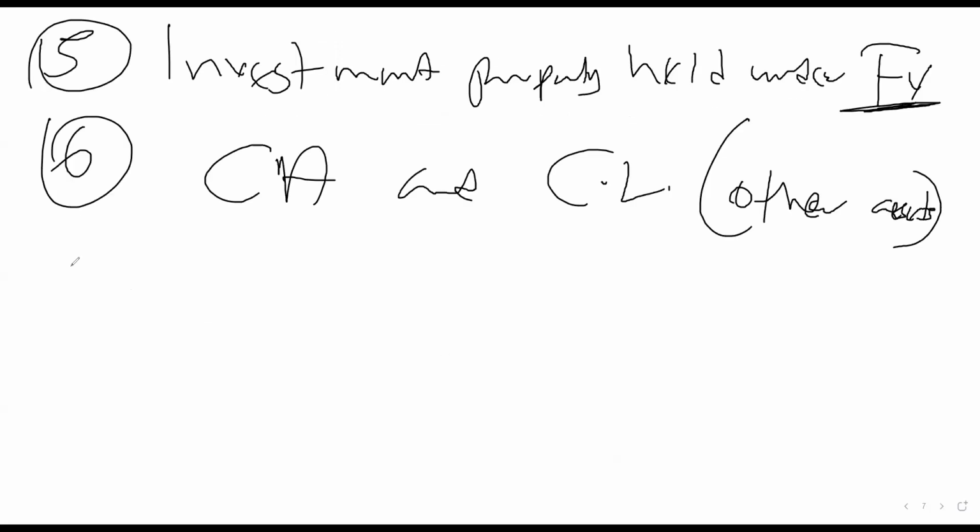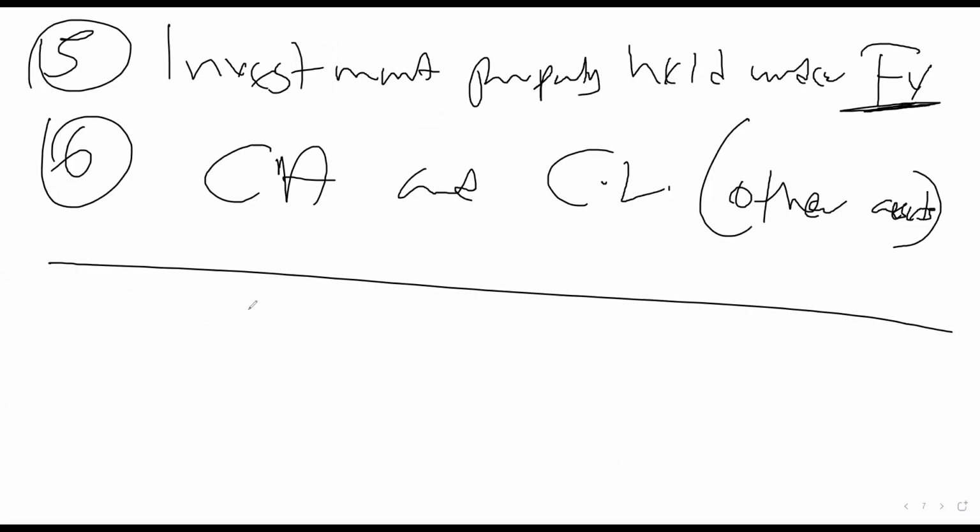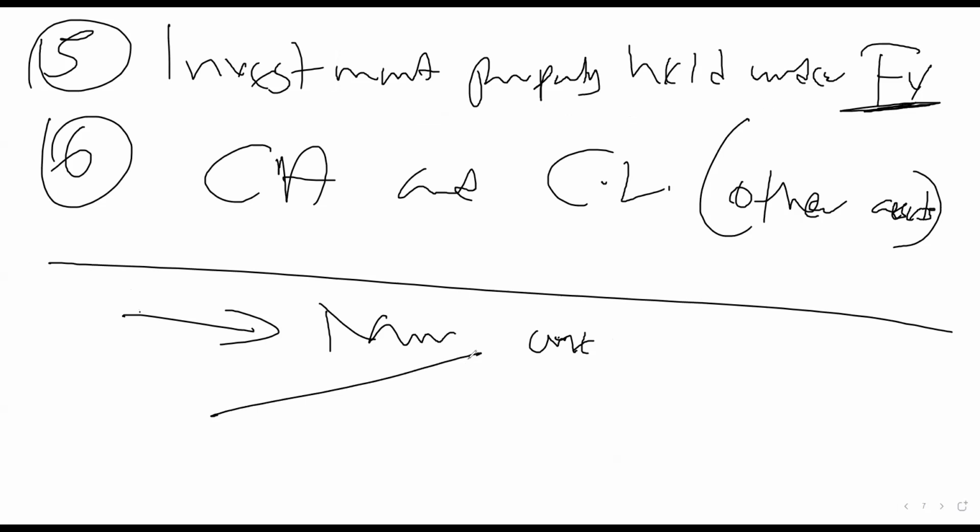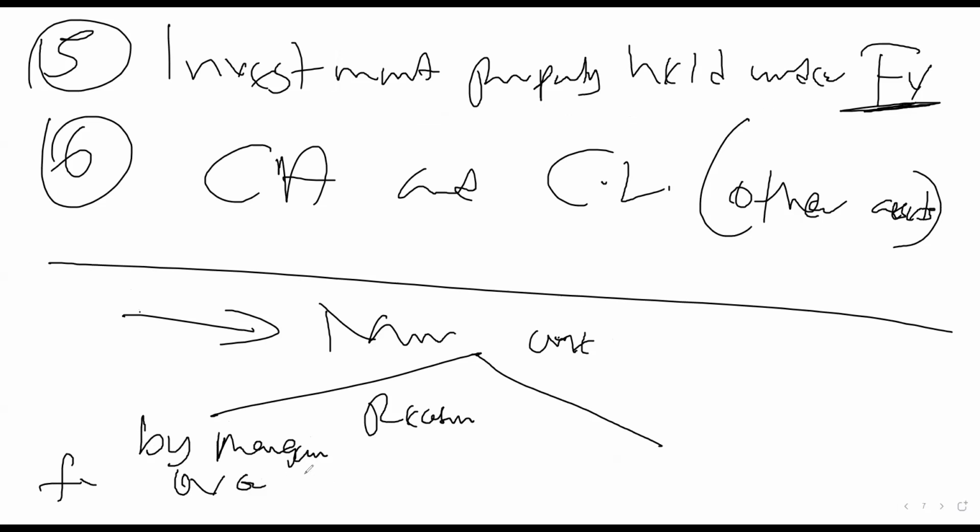So when an asset is classified for more than 1 year and the sale has not been made, look for the reasons for the delay. If the reason is by management, for example, the asset was overpriced, no advert was made, then the standard says that you have to do reclassification.